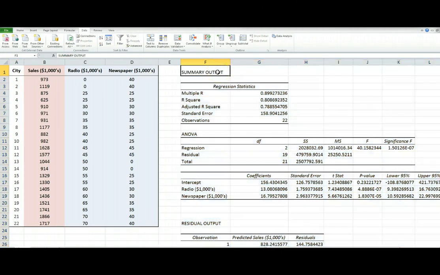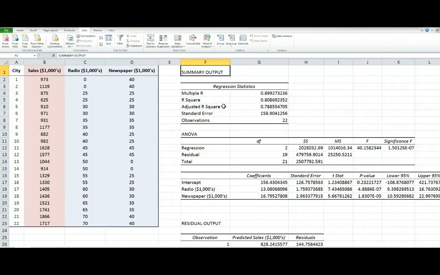Here's the summary output for the regression. We have an adjusted R squared of about 79% and a typical error of about $159,000. These results are better than the simple linear regression results.